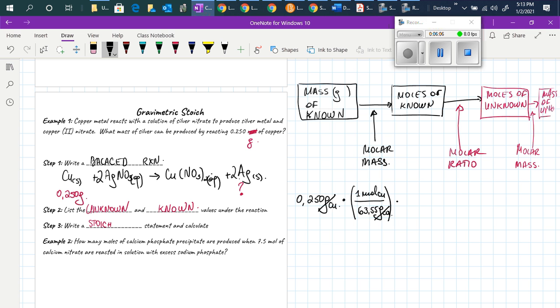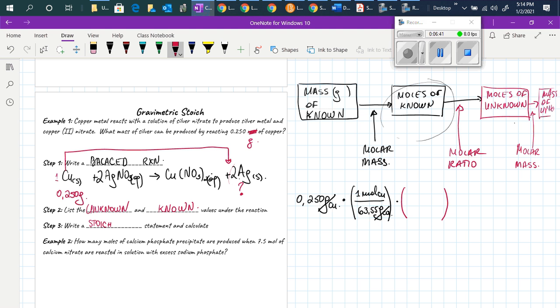Now we are at the moles of known. In order to move to moles of the unknown, which is silver, because this is what we are looking for, we will use the molar ratio. 1 mole of copper, when reacting in this particular reaction, produces 2 moles of silver. So the ratio is 1 mole of copper to 2 moles of silver.